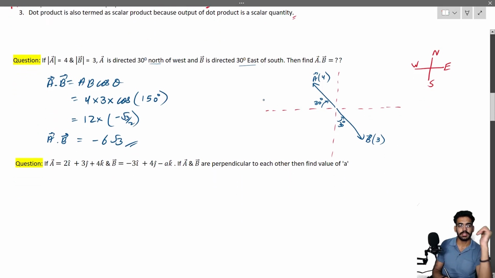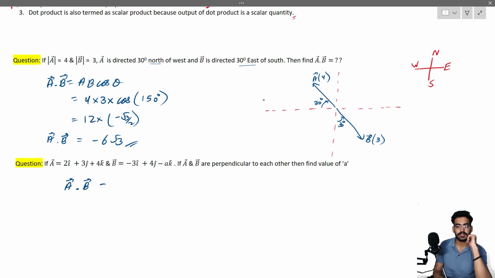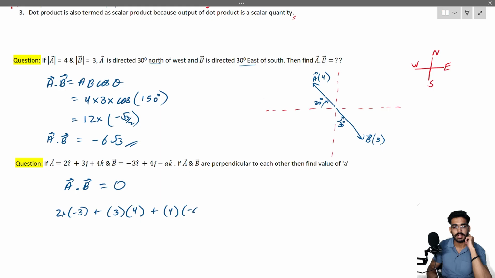If both are perpendicular, a vector dot b vector equals 0. The components are given in i cap, j cap, k cap, so I know how to do the dot product: 2 into minus 3 plus 3 into 4 plus 4 into minus a equals 0. From here, a is 12 minus 6 divided by 4, so this is 3 by 2.